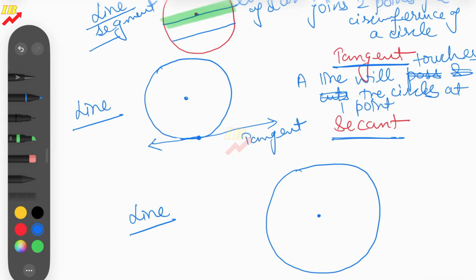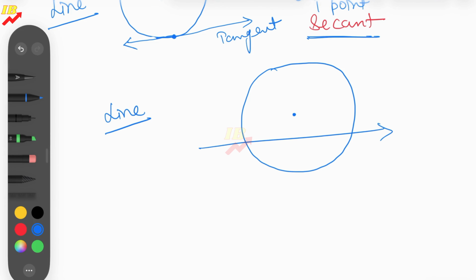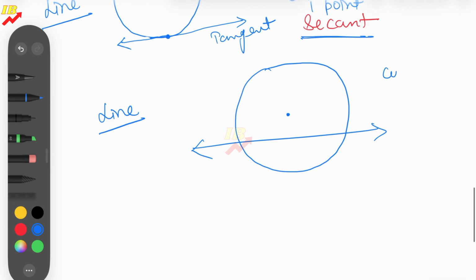This line passes through like this, extending in both directions, so a line is passing through a circle and cutting the circle at two points. So this is called a secant. This way we can understand it easier.